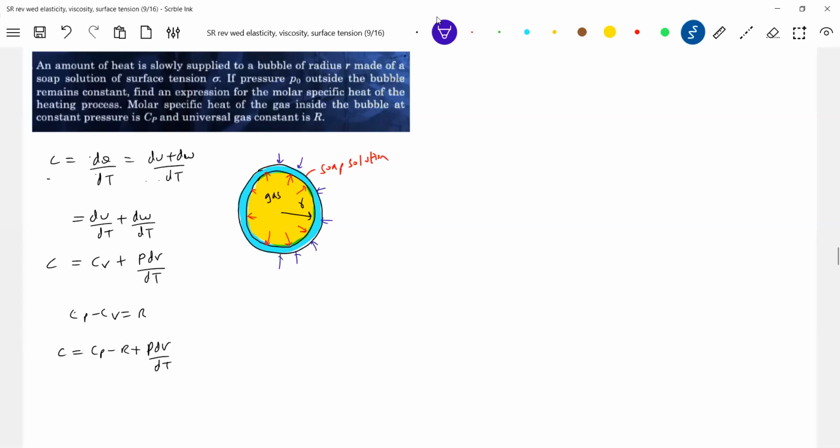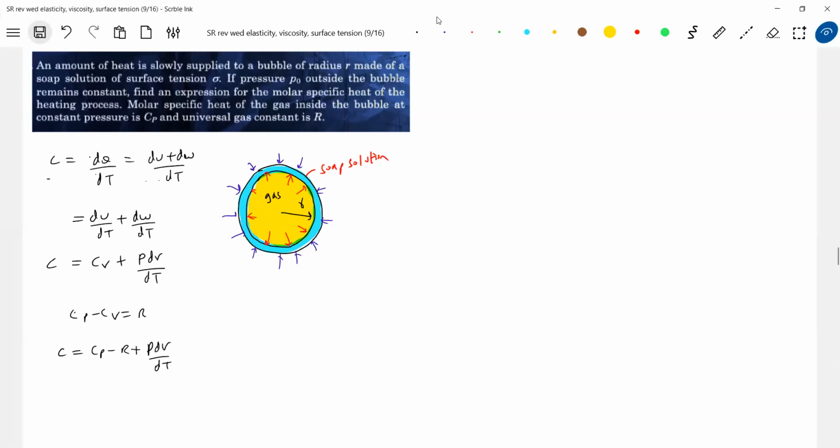So when I supply heat, the pressure of the gas will increase. What process will the gas undergo? There's a very difficult thing which we have to resolve. If you can analyze this, we can proceed very easily with the problem.